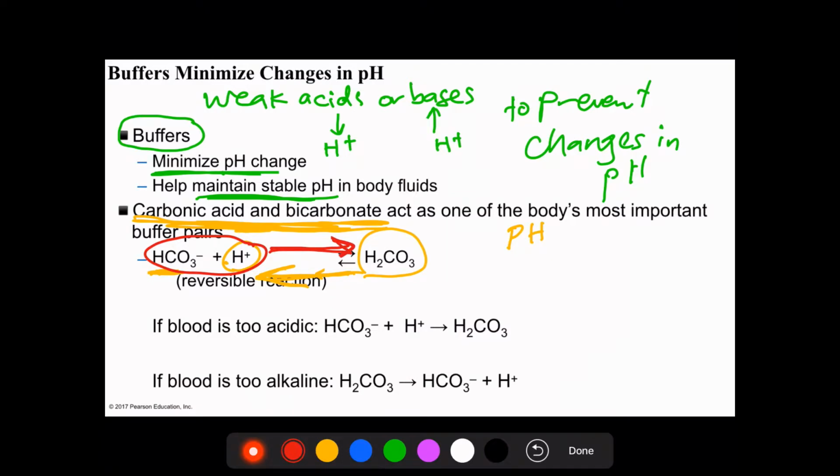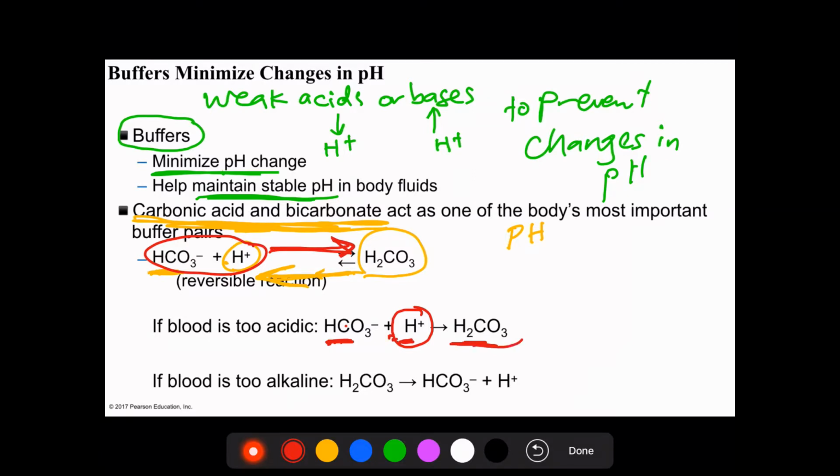So if this reaction is going between the bicarbonate and the hydrogen, and it gives us the carbonic acid, then the bicarbonate, think of it, what does it act as? Is it acting as an acid or a base? Right, it's acting as a base because it's consuming the hydrogen ions. It's taking them out of the solution.